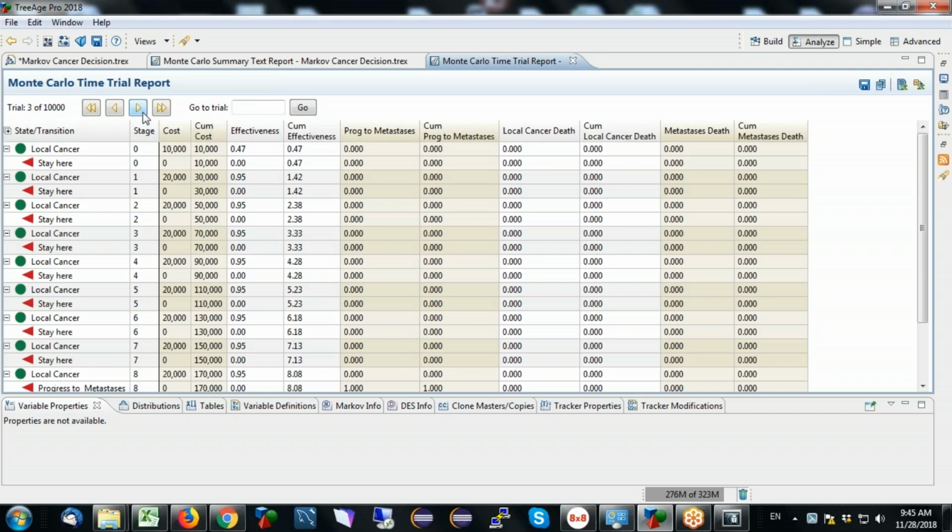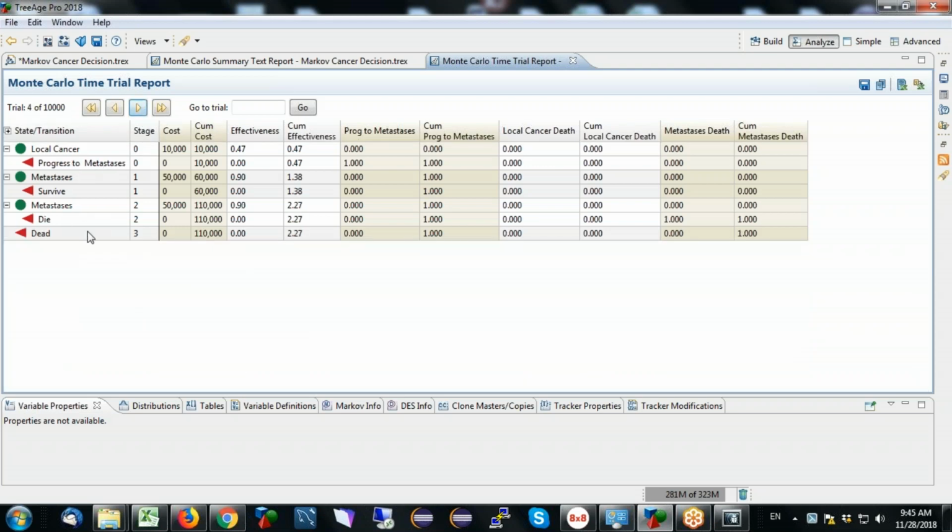And the second person, and the third person, and the fourth person, and this person died quickly, right? So I can look at any simulated patient within my cohort and see exactly what happened to that person, and use that to evaluate the patient pathways and make sure they're being represented appropriately.